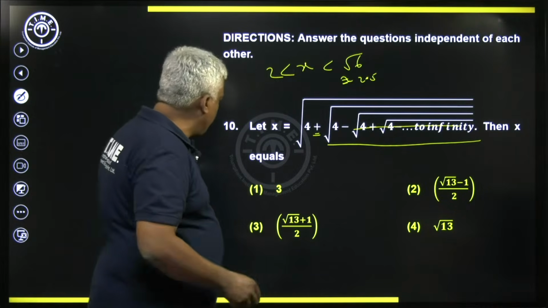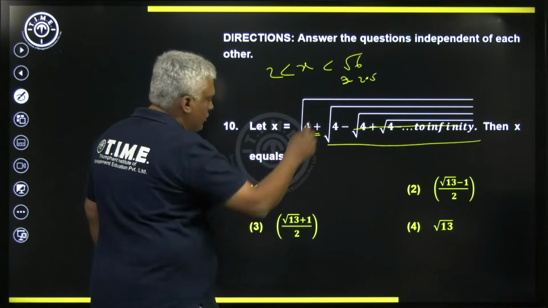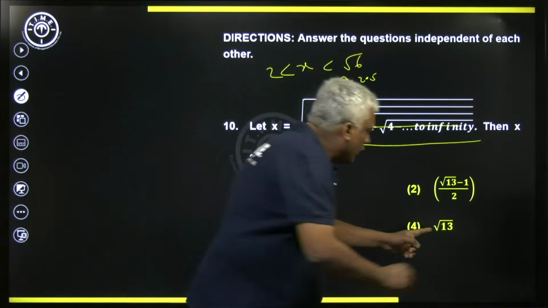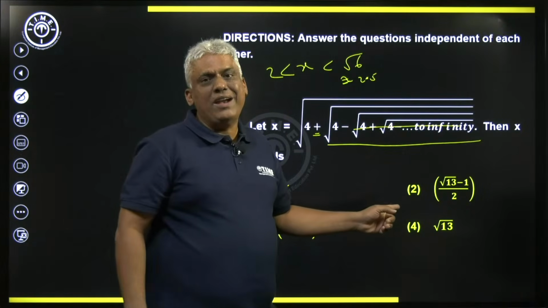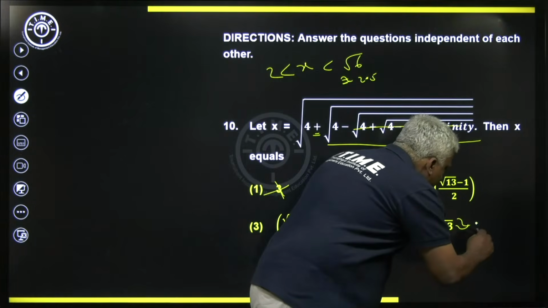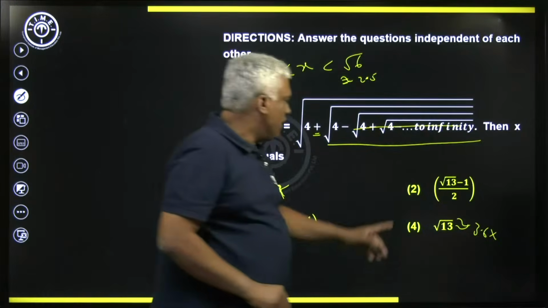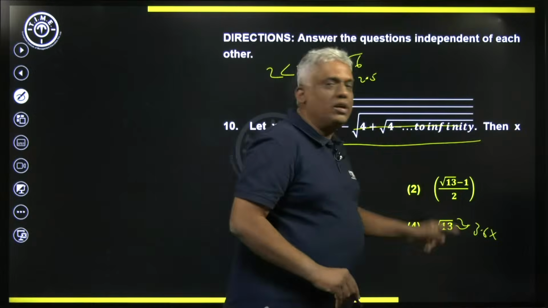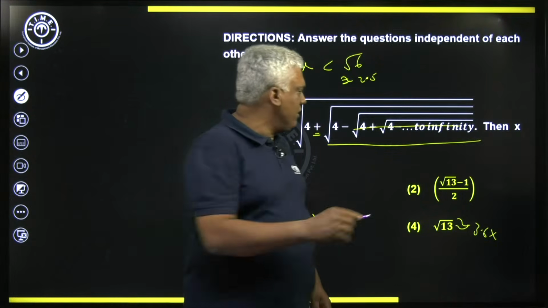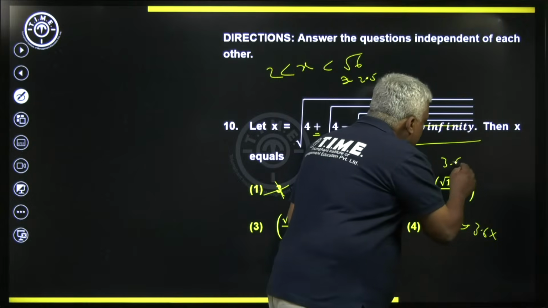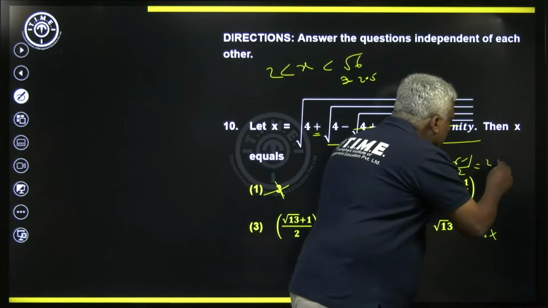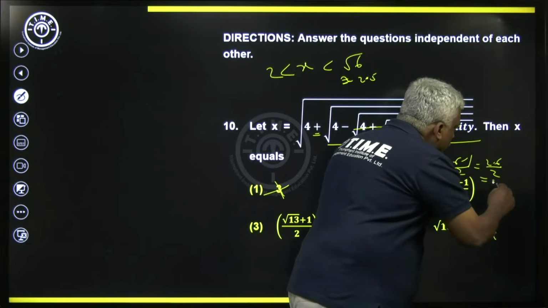Now look at the options. It can't be 3 because 3 is more than 2.5. What about this root 13? You know that 3.6 squared is 12.96, so root 13 is roughly 3.6. This is 3.6 minus 1 by 2, so it is 2.6 by 2, that is 1.3.